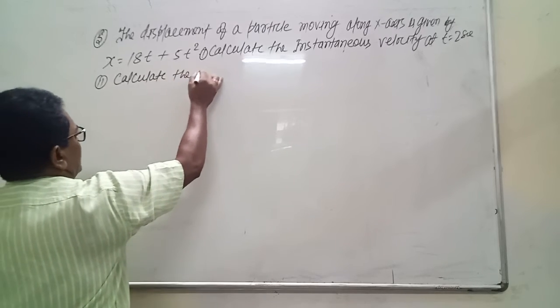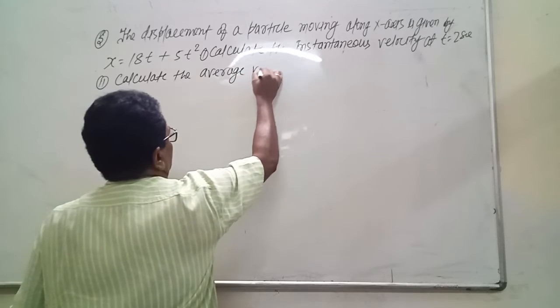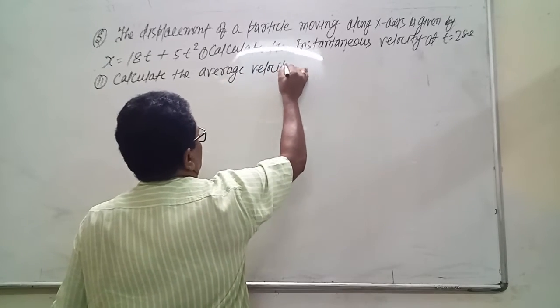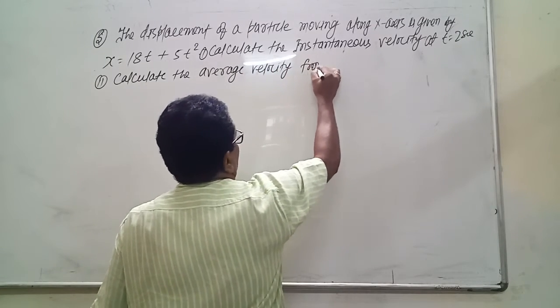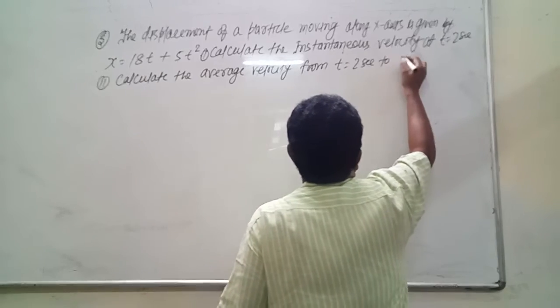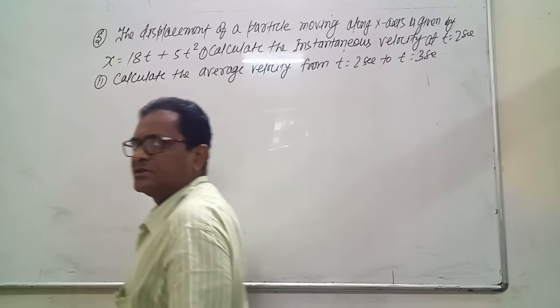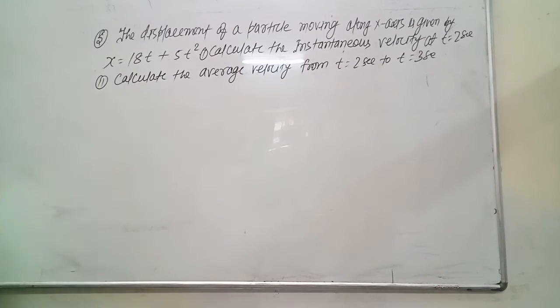Second point: calculate the average velocity from t equals 2 seconds to t equals 3 seconds. Between 2 seconds and 3 seconds, we have to calculate the average velocity.